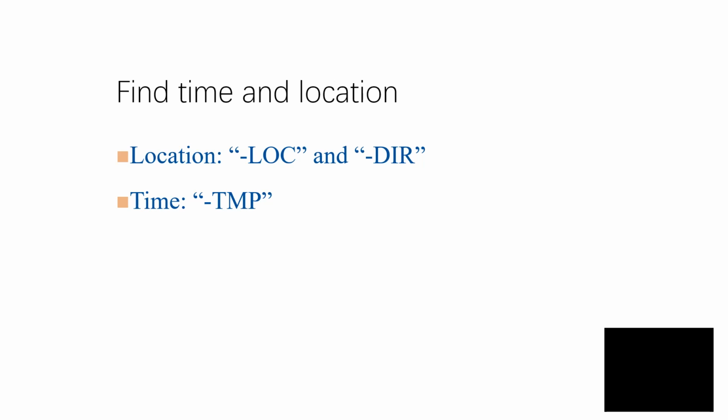That means this chunk describes the location information, and we also have this DIR, meaning a chunk that describes the direction information. These two kinds of chunks can be regarded as location information. And we also have this TMP tag that describes a chunk that has the time information, and we can use it as a time element.